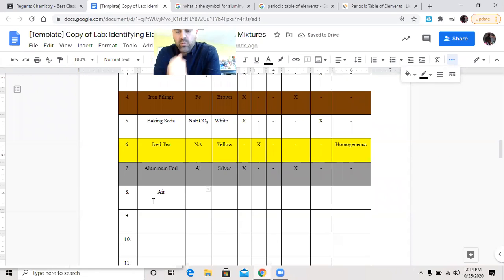What's the formula? Or what is in air? Put it in the chat. What's in air? Oxygen. What else? O2 is oxygen gas. Good. Nitrogen, carbon dioxide. Maybe some water particles, water vapors.